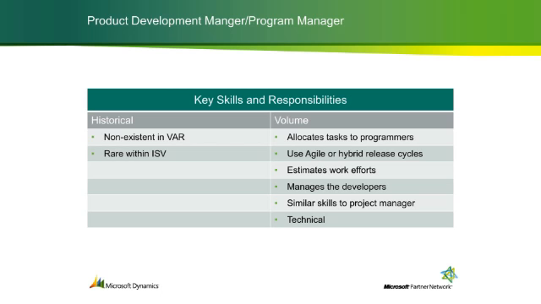They also create work estimates, how long each sprint cycle or each code unit is going to take to develop. And they are, as mentioned, a technical-oriented individual here, a technical person.